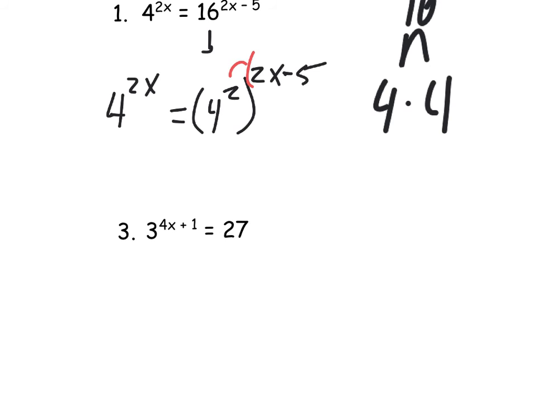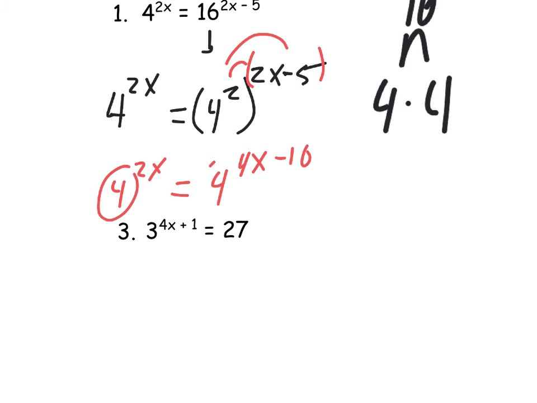You got to distribute that 2 through there and get 4 to the 2x equals 4 to the, well, 2 times 2 is 4x, and 2 times that negative 5 is negative 10. So there we go. There the 4s are equal. So you take your exponents, 2x, and set that equal to 4x minus 10, and solve that equation, and that would be your answer, okay?